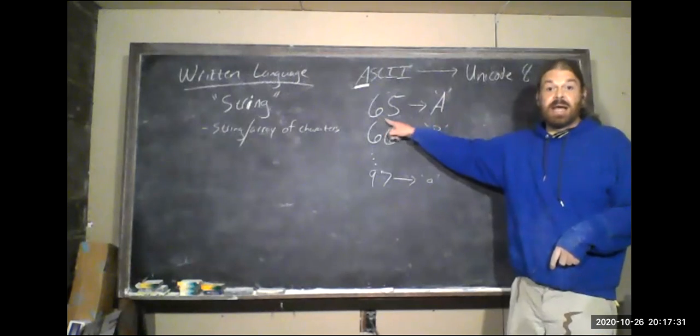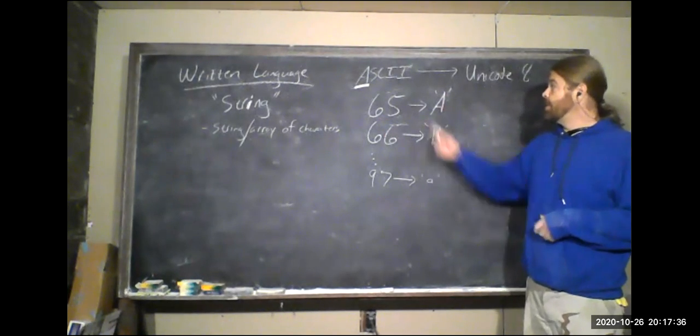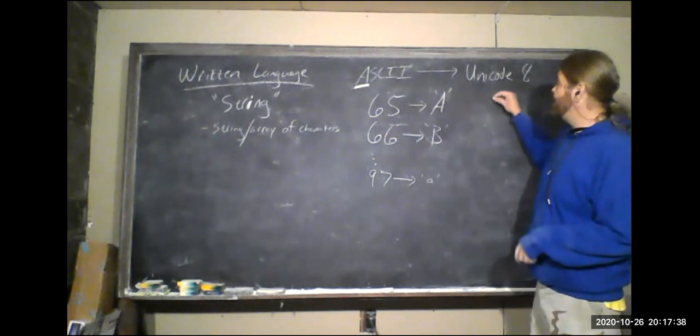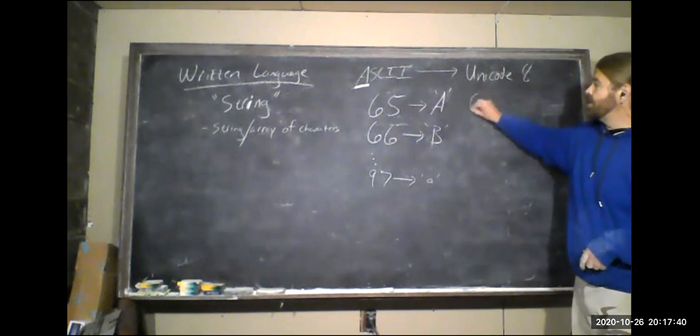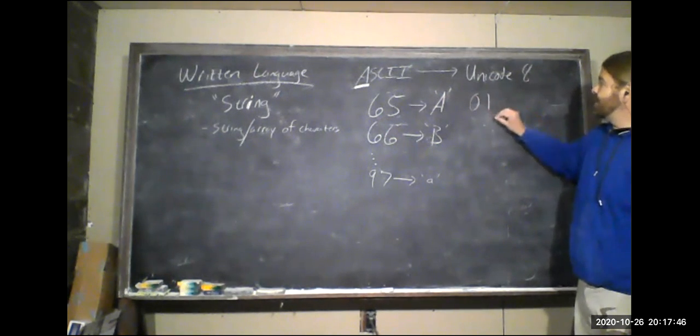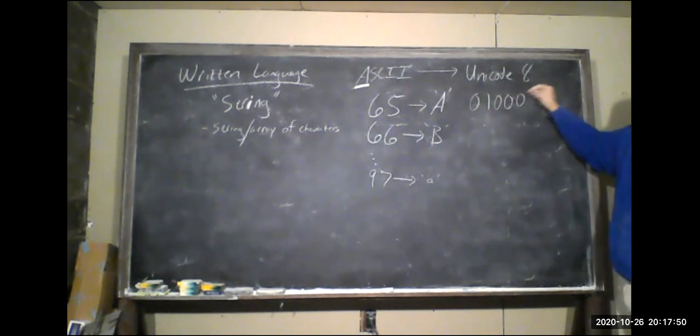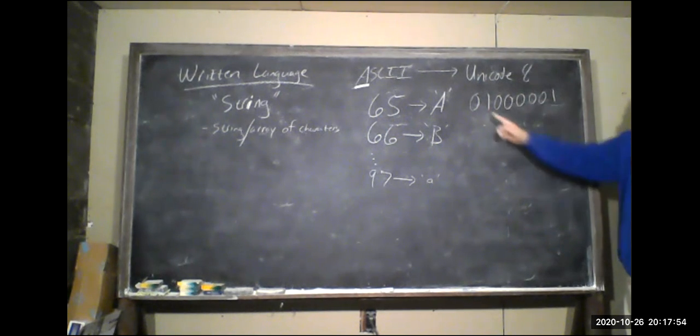And basically we just take one of our binary numbers and say, that means this symbol. So 65 in base 10: no 128, we'd have a 64, no 32s, no 16s, no 8s, no 4s, no 2s, then we have a 1.